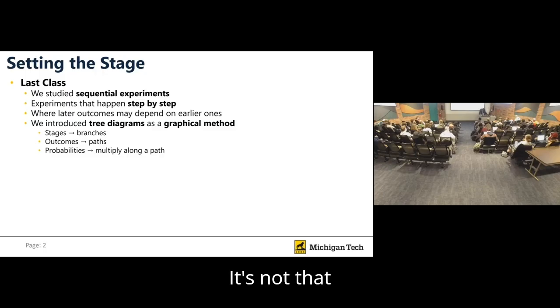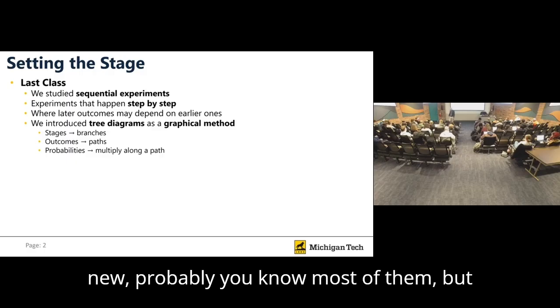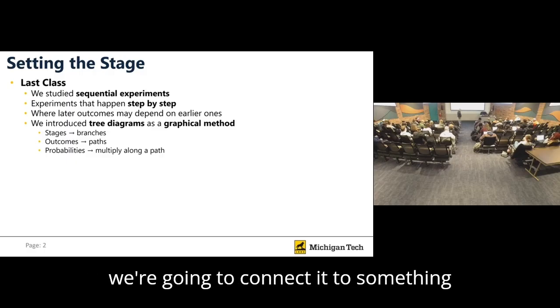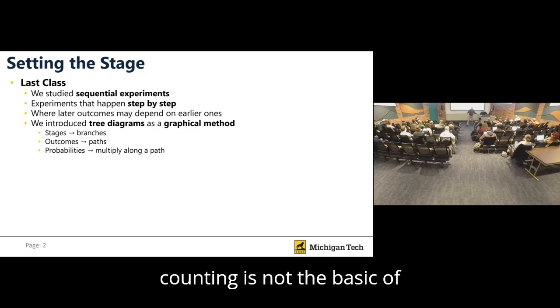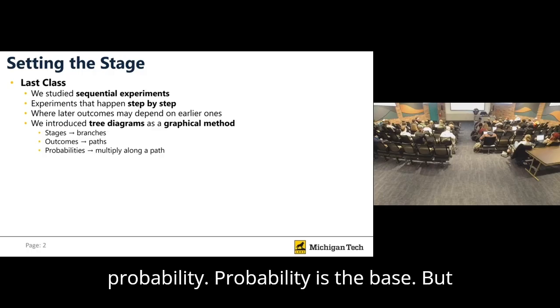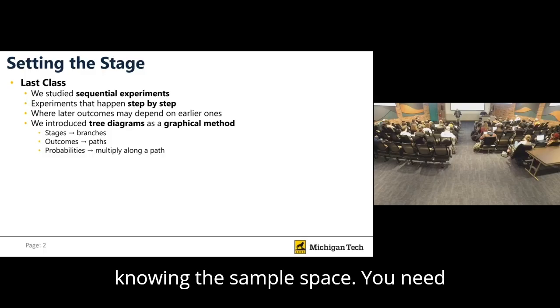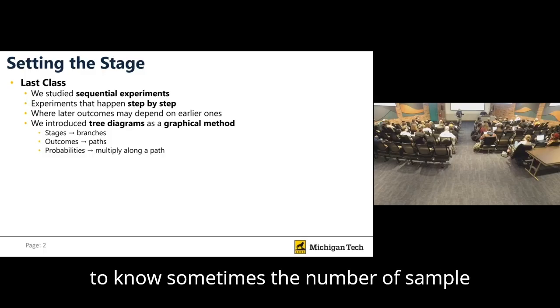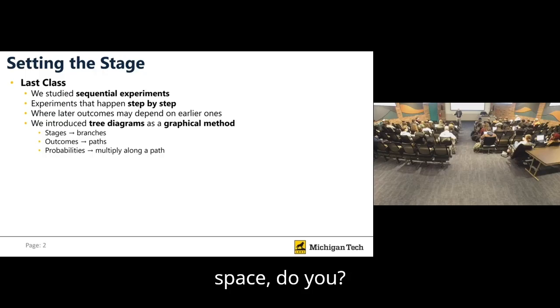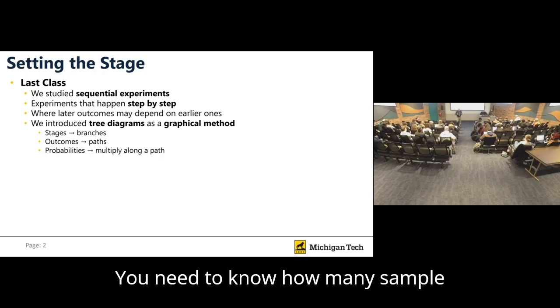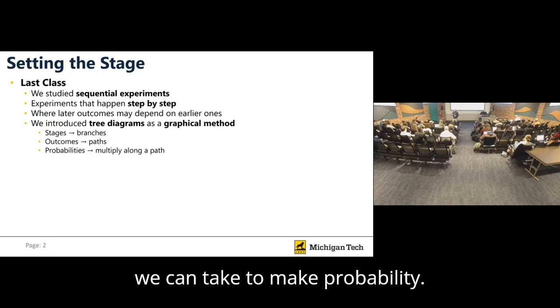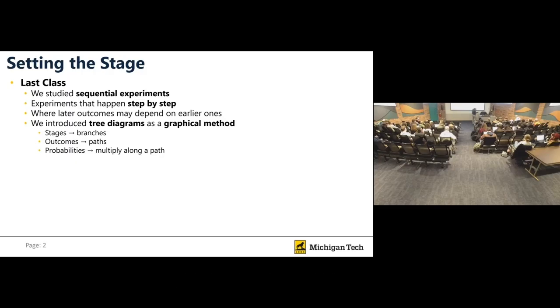It's probably not that new, you probably know most of it, but we're going to connect it to something that you don't know. Because counting is not the basis of probability. Probability is the base. But counting can help for knowing the sample space. You need to know how many samples we can take to make a probability.